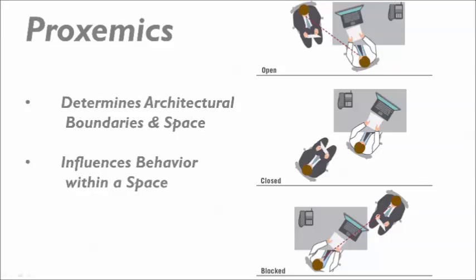So like what you're comfortable with, what's culturally acceptable, what's acceptable for that job or your position. And so we study this as a means of determining how big or how small to make things, how big or how small to make certain spaces.